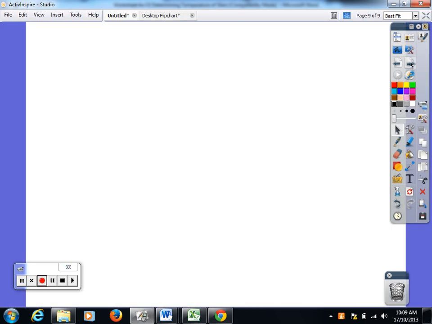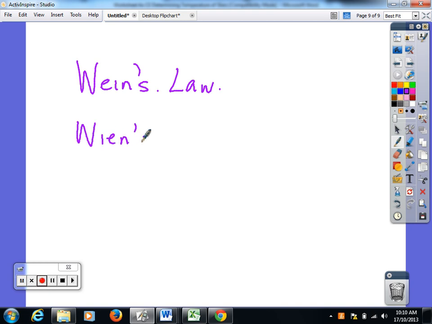Now, the New South Wales syllabus spells his name as W-E-I-N-S, so it's Wein's Law. But the rest of the world have corrected it to Wien's Law, which is actually his name, okay?